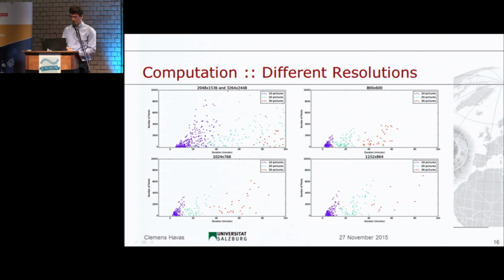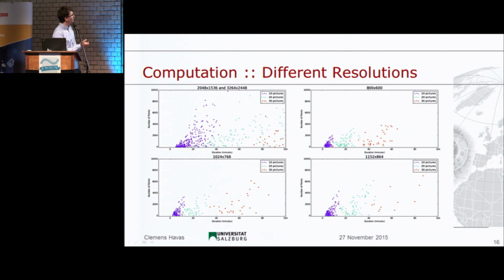Therefore, we used it in the next experiments with more resolutions, and we wanted to see if we get the same result in different sceneries. As you can see in the graph at the top right, there we use the resolution 800 times 600, and sometimes we get almost 0 points when we use the low setting, but when we take more images, it's always more computation time.